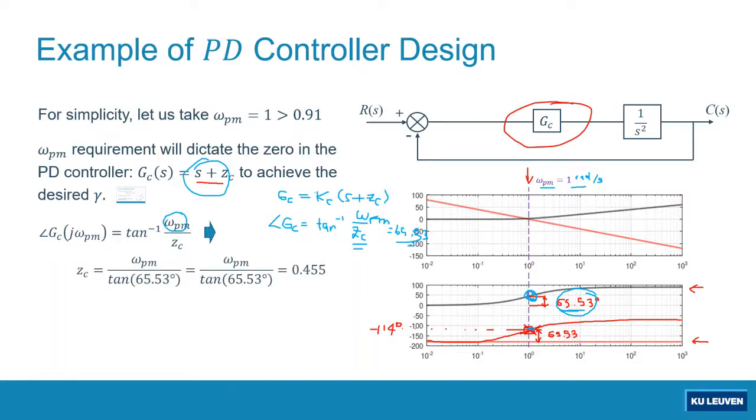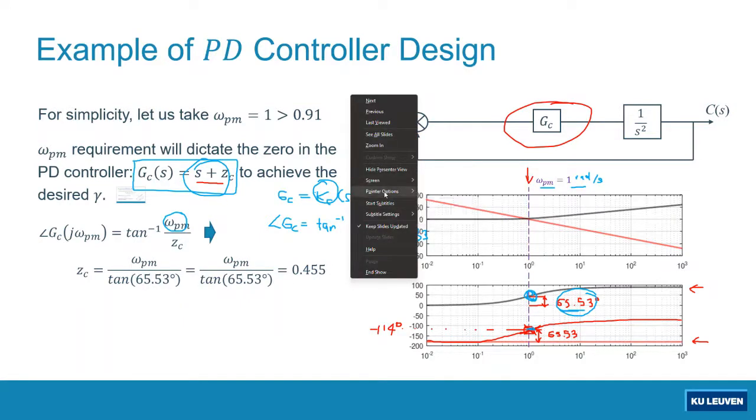So from there I can calculate what is the desired ZC, the required ZC. That means at this point I have already designed the dynamic part of the PD controller. We still have one more thing to decide, the KC value. But let's tidy up this plot first after I introduce the dynamics of the PD controller.